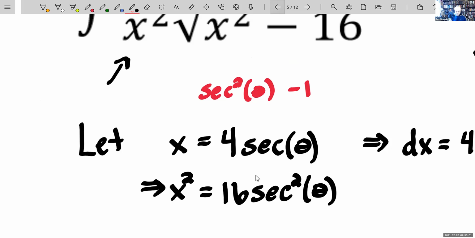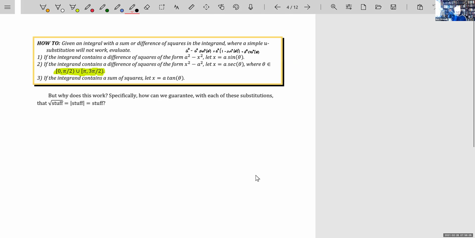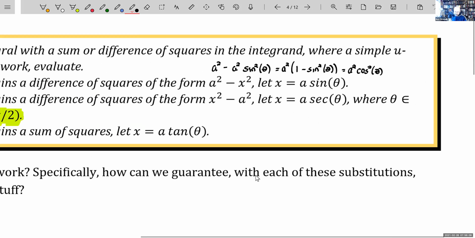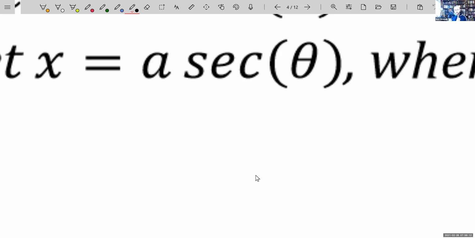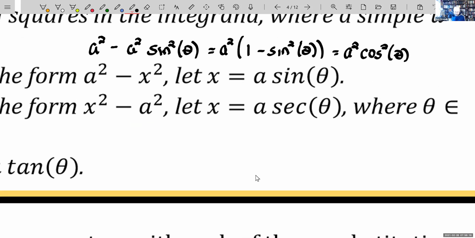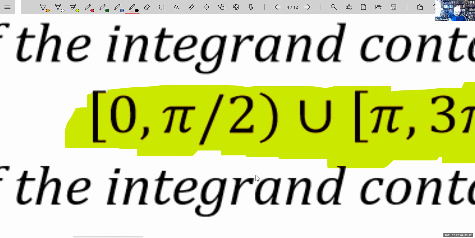If I hop back 1 page, when I make the secant substitution, I'm specifically stating that our angle is only going to be in either quadrant 1 or 3.